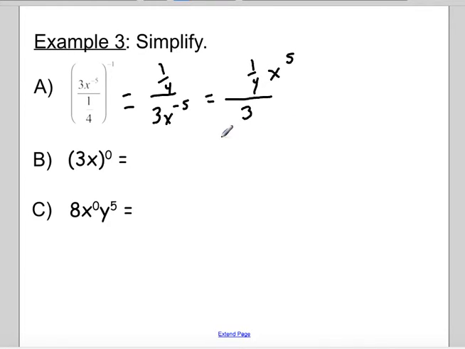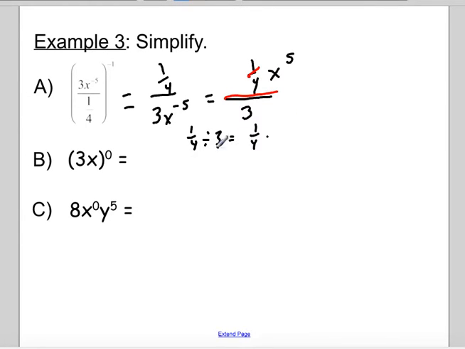And now I still got to work with the fraction here. See, we got that double fraction bar? You've got one right here, you got a fraction bar there, and we've got a fraction bar there. We can't leave them both there. So remember, we can change that one. I'm just going to work with the 1/4 divided by the 3. It becomes a multiplication statement, becomes 1/4 times the reciprocal of 3.